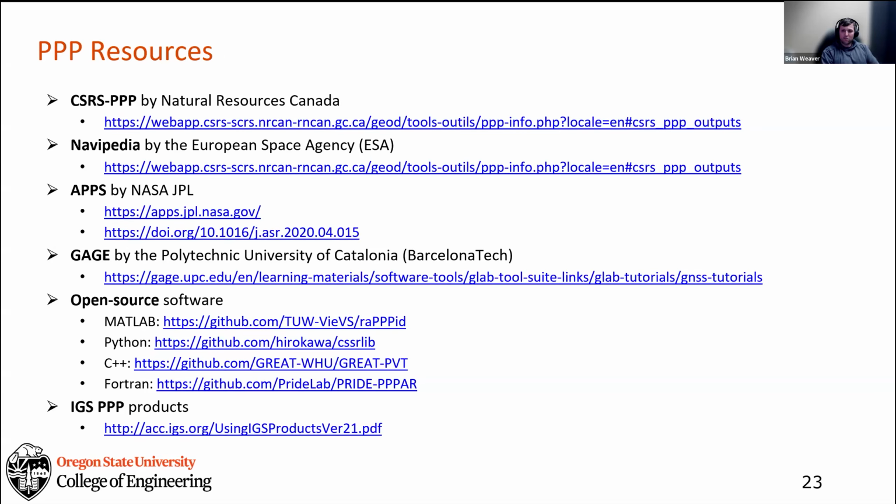Some of them provide tutorials for how their specific software is doing their PPP solution, and some are more general. If you're really interested in doing your own, maybe more custom PPP processing, there are really good open source software options available in a variety of programming languages.